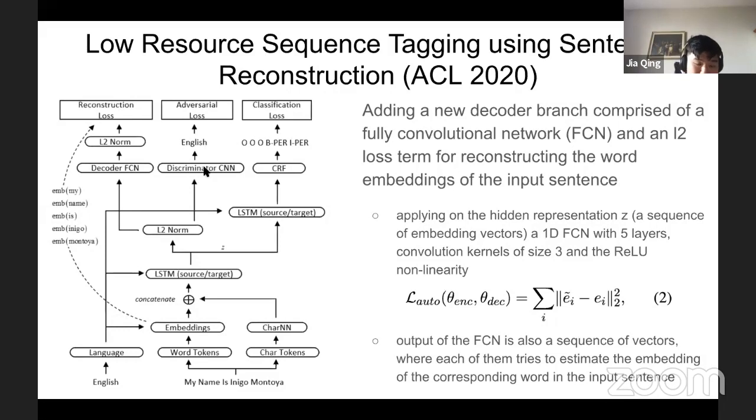The discriminator CNN would be trying to predict between two different languages.